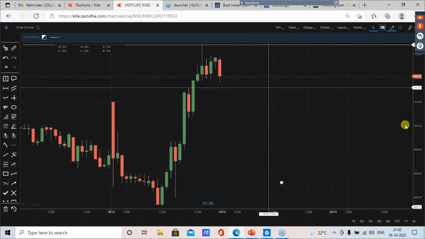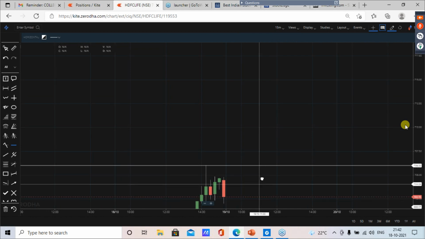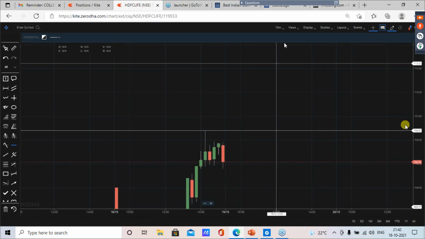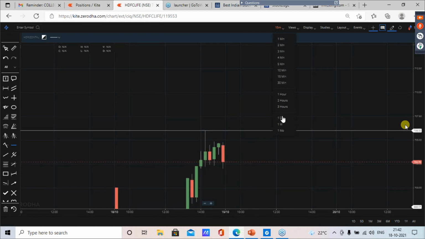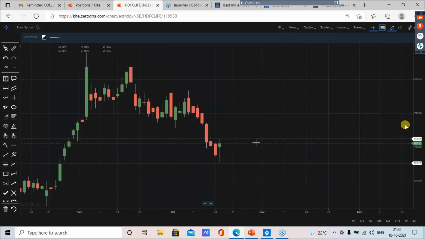We shall revisit this example tomorrow and see whether this strategy worked or not. But as of now, please shortlist this stock for a buy trade for tomorrow. Once the high of this bullish hammer or bullish engulfing is broken, you have a brilliant upward move.